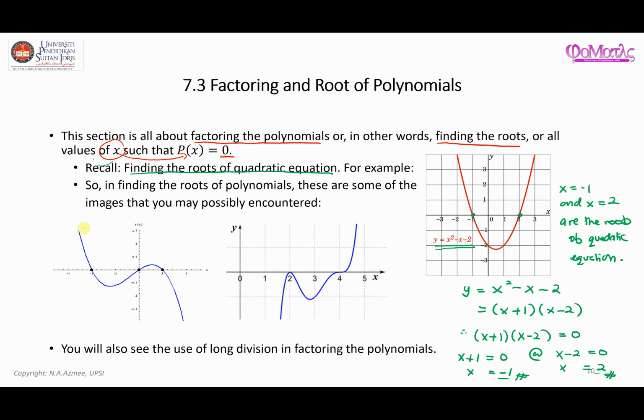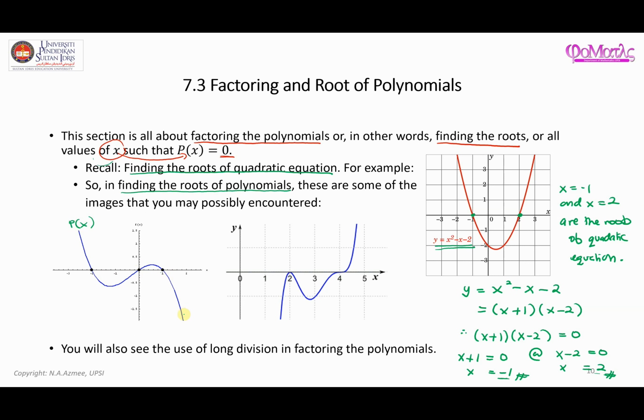Okay, so these are example of polynomial functions, polynomial graphs. So when you talk about finding the roots of polynomials, you are actually looking to find the values of x such that the value of px, so this is px, the curve here is actually the curve of px. So you are looking to find what values of x such that px here is 0.